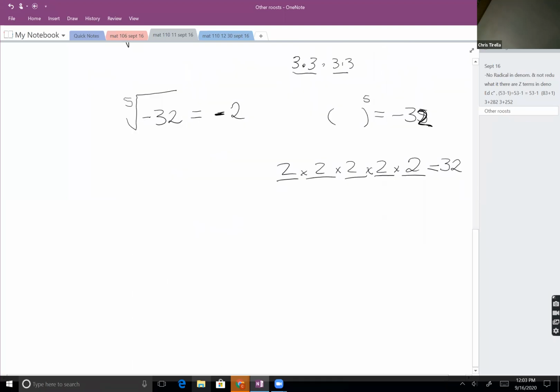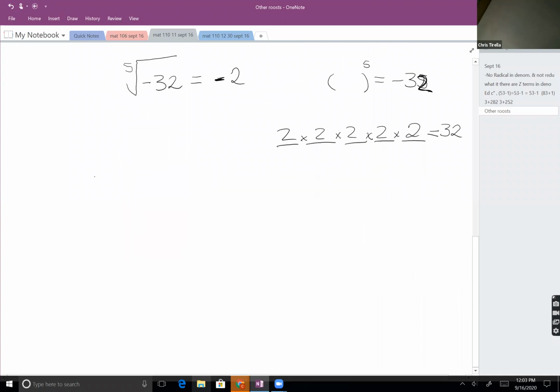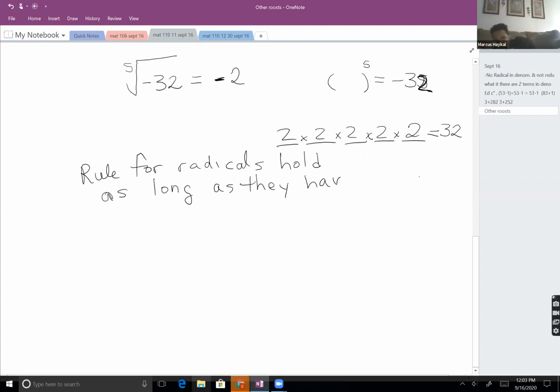And what's interesting is my rules for radicals hold as long as they have the same index. And what do you mean when you say that? Well, I'm going to show you.